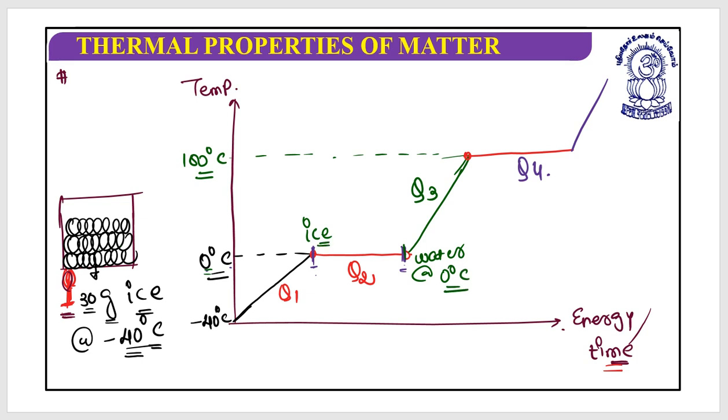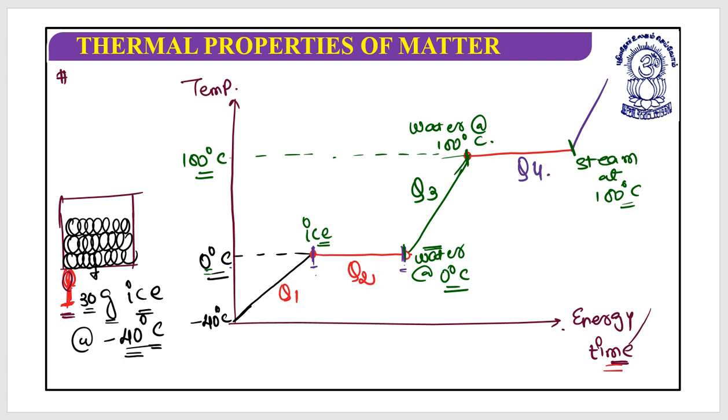So here it has been converted from ice to water. I hope this is clear. At this point it is water at 100 degrees Celsius, and at this point it is steam at 100 degrees Celsius. I hope this is clear.